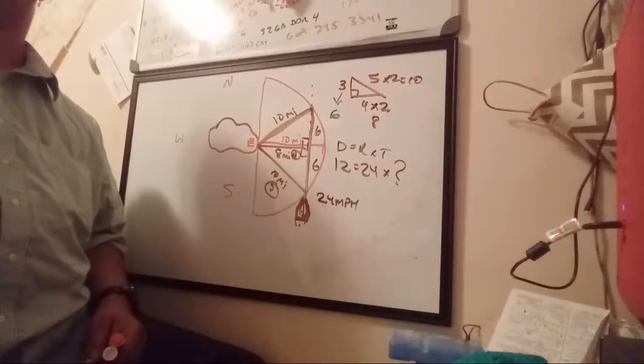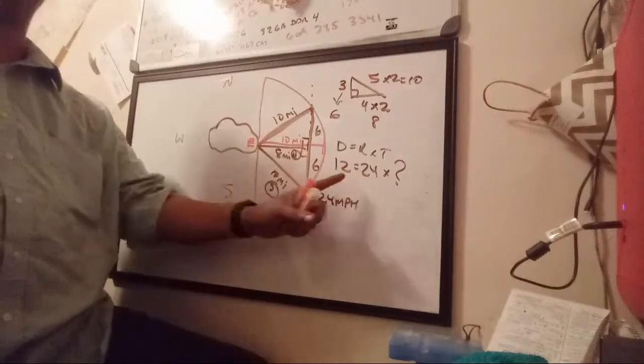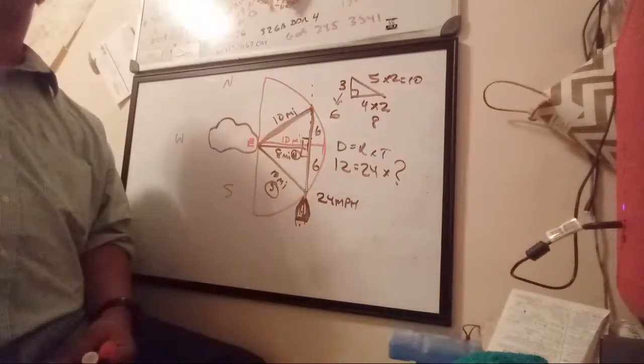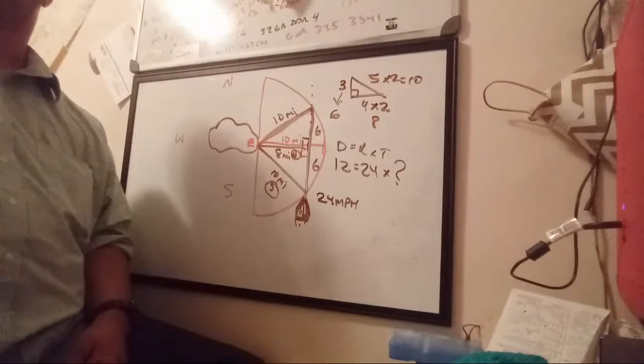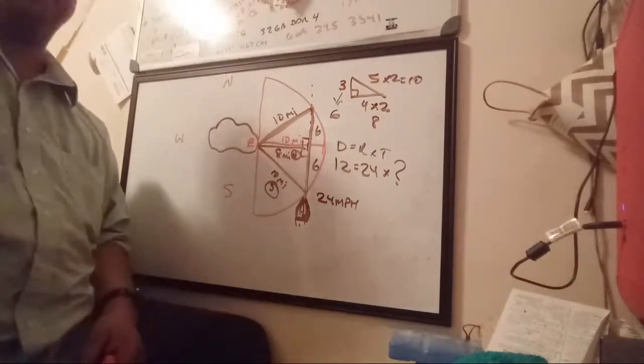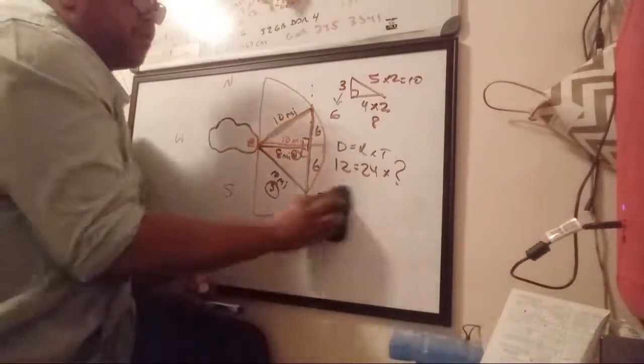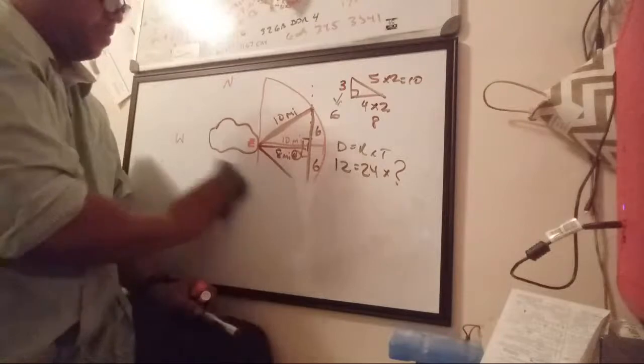What do you do, 12 divided by 24, which gives you 2? No, ma'am. That would suggest that 2 times 24 is 12. That's not mathematically correct. Now I'm going to get rid of this because we already diagrammed it.